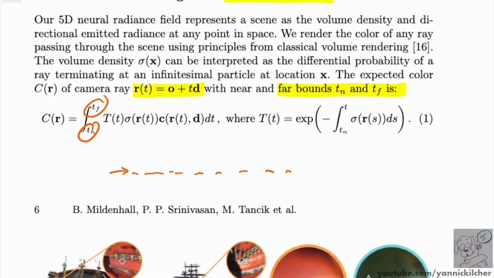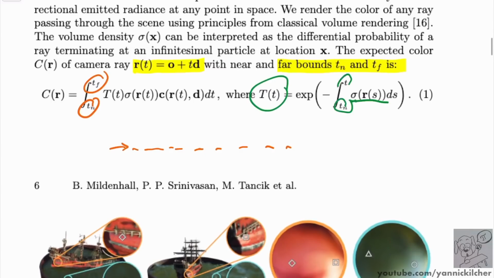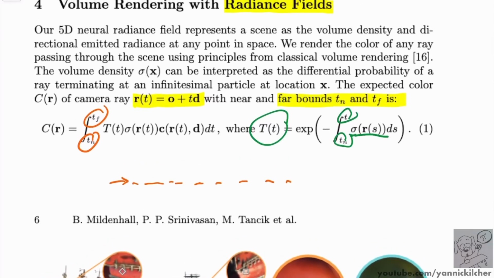You want to integrate this thing, this T right here. You can see the density is in here along the ray from the beginning to the point where you are. That is the probability that the ray doesn't hit anything. It's the probability that the ray goes on through that room. Basically, it's the probability of empty space. The inverse of that distinguishes whether there is something or not, whether the ray continues up until the point T or not.